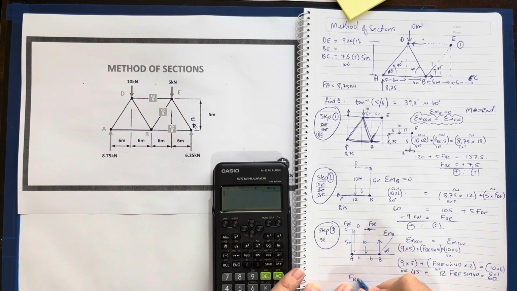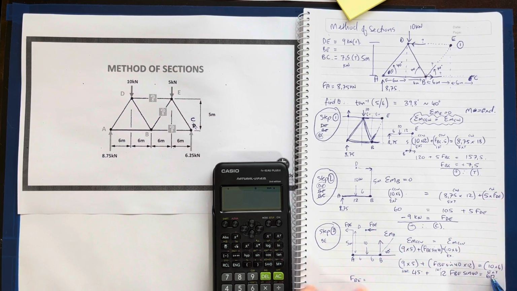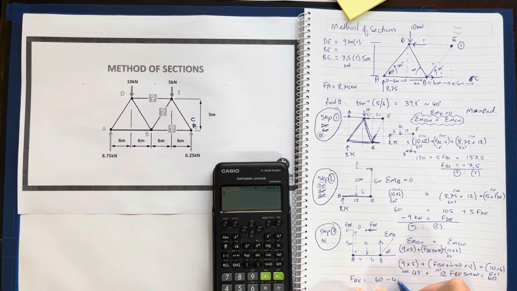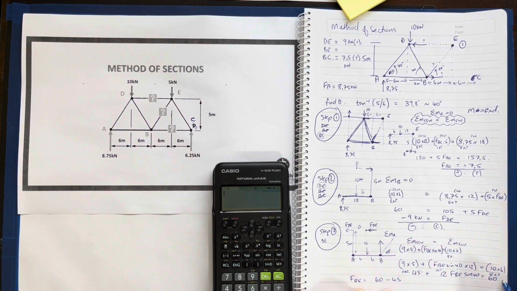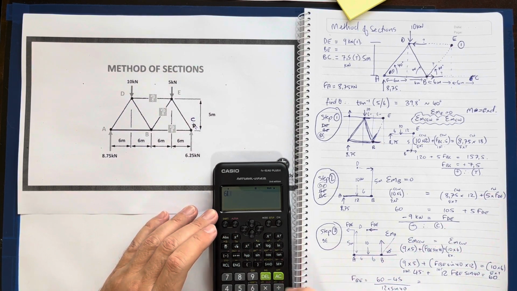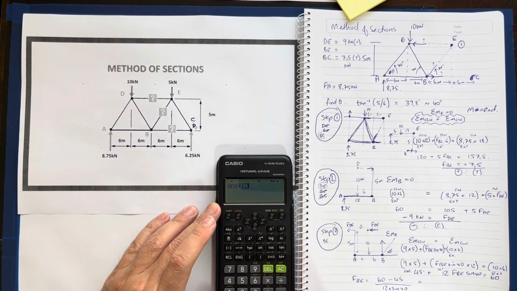FBE equals 60 minus 45, because my 45 goes to the other side of the equal sign, and I divided by 12 sine 40. So 60 minus 45 will give me 15, divided by 12 sine 40.